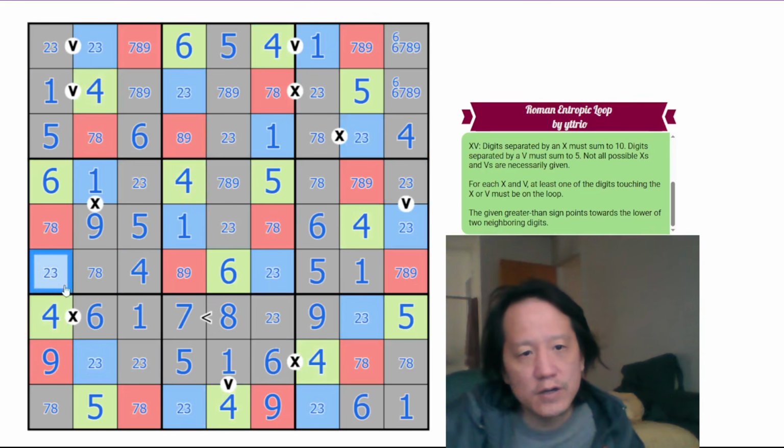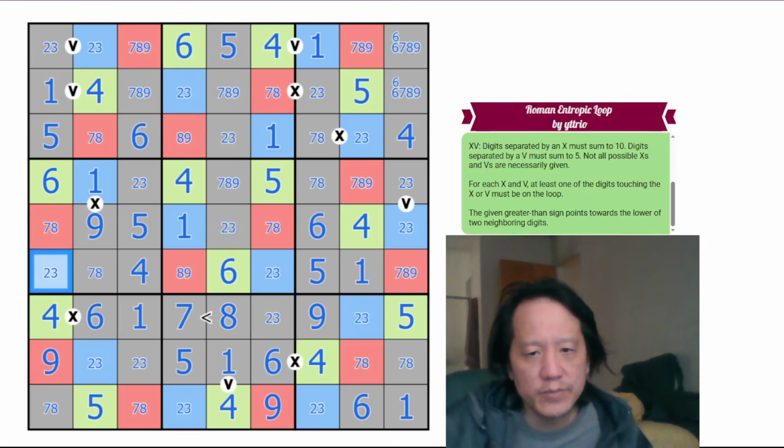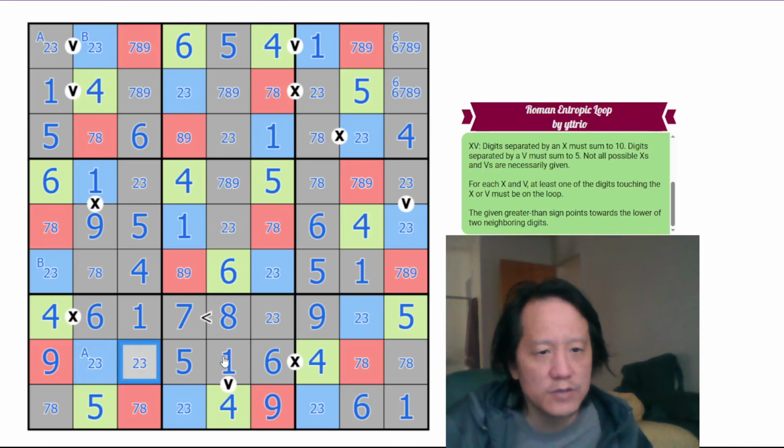Okay, so now let's match 2s and 3s. We're going to make this A, B. So this is B, which makes this A, which makes that B, which makes this A, B, A, B, A, B, A, B, A. That's B. All right.